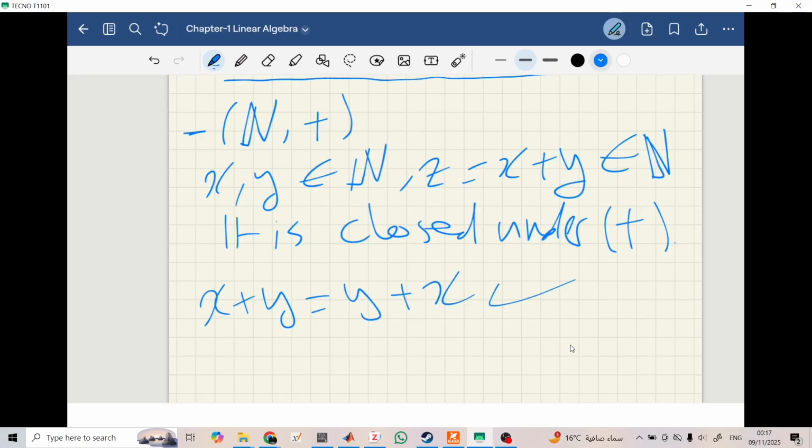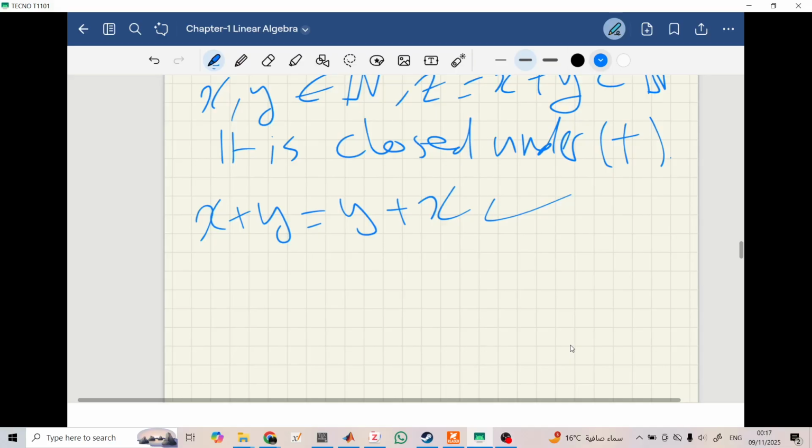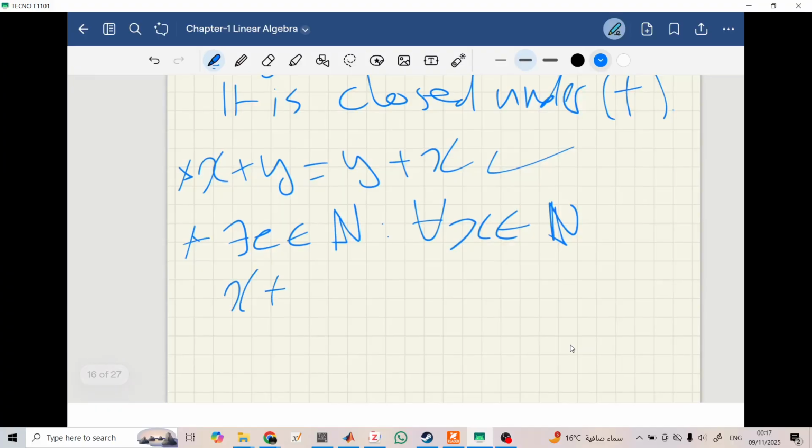It's very simple. Now the neutral element. So we say that there exists a neutral element e in N such that for all x in N we have x plus e equals e plus x equals x.